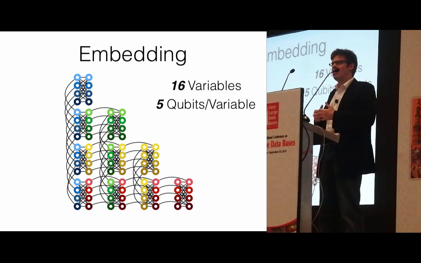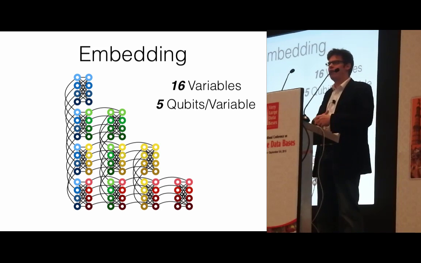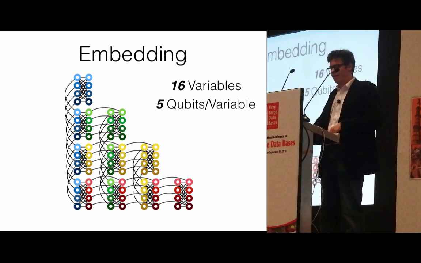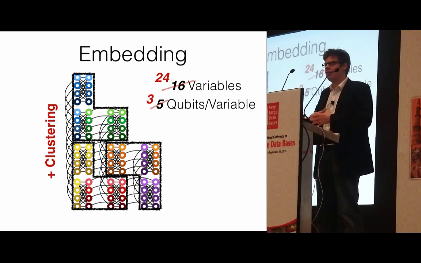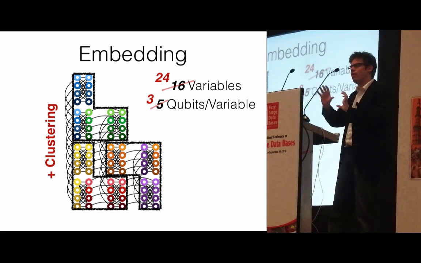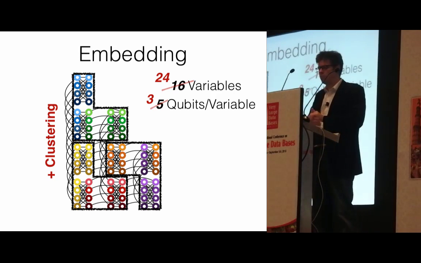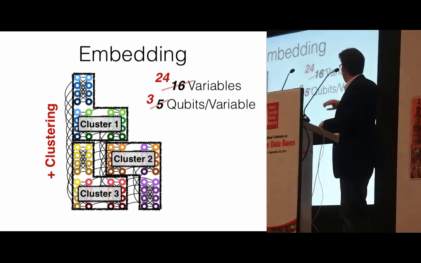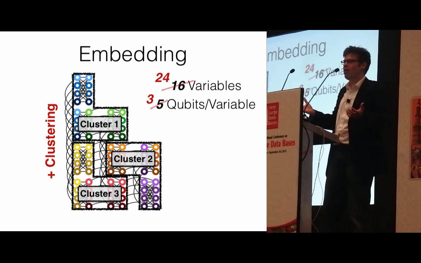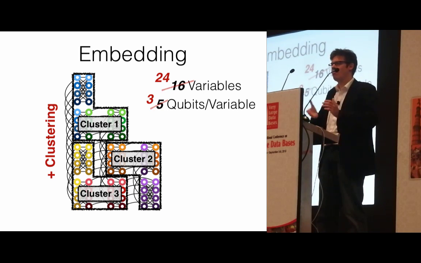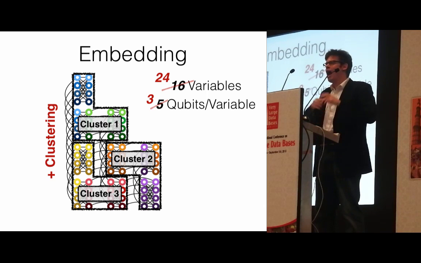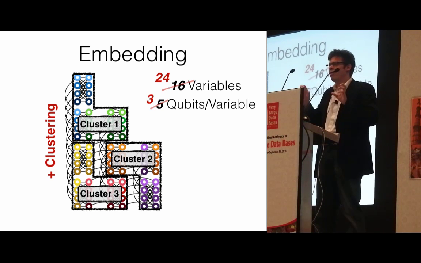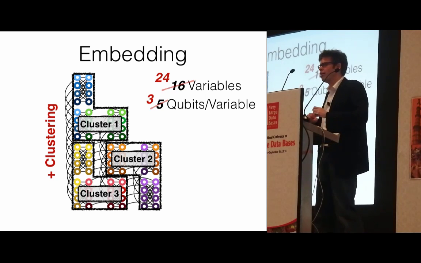And what I can do in order to represent more variables with those qubits is I partition the variables into densely connected clusters, while different clusters only have sparse connections between them. And as you see here, it allows me to represent more variables than before with the same or even less number of qubits.